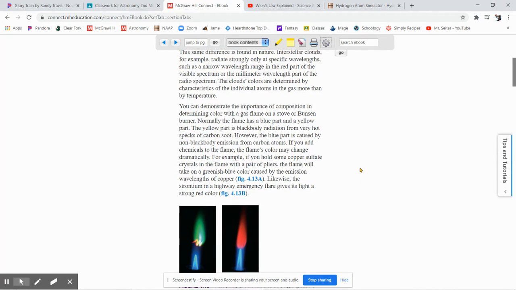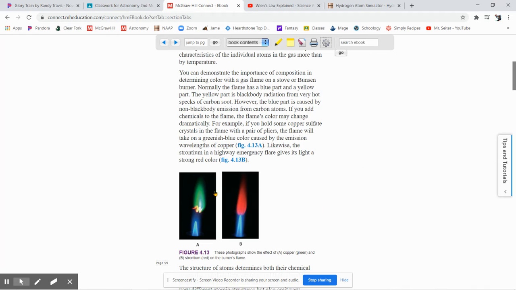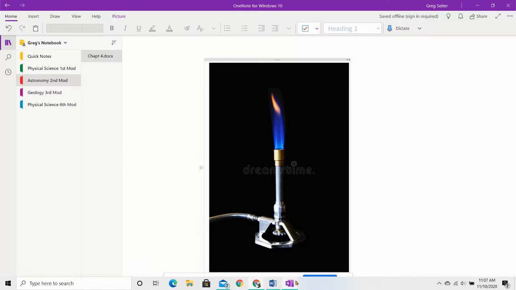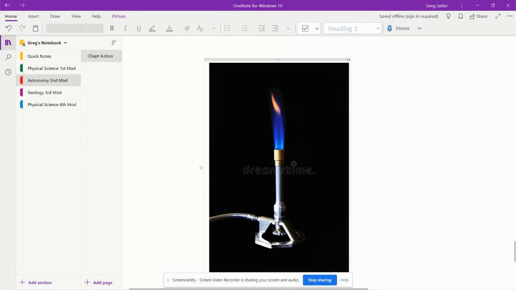All right, so let's take a look at what this means with a Bunsen burner. So here's a Bunsen burner. And at the top of this Bunsen burner, we see that little orange wisp, that yellowy orange or reddish orange wisp. And what's going on with that?